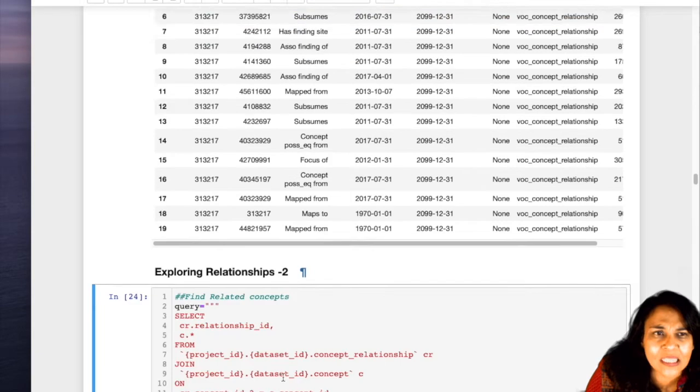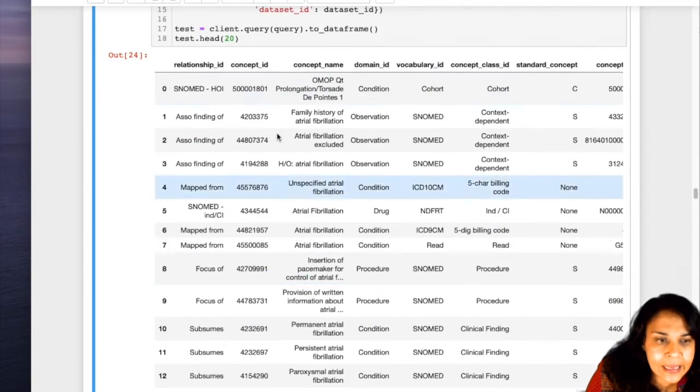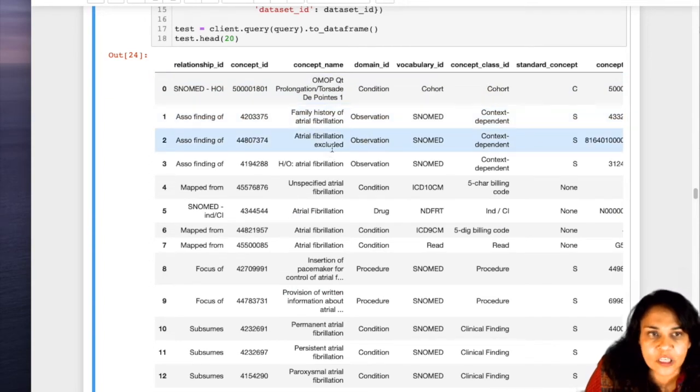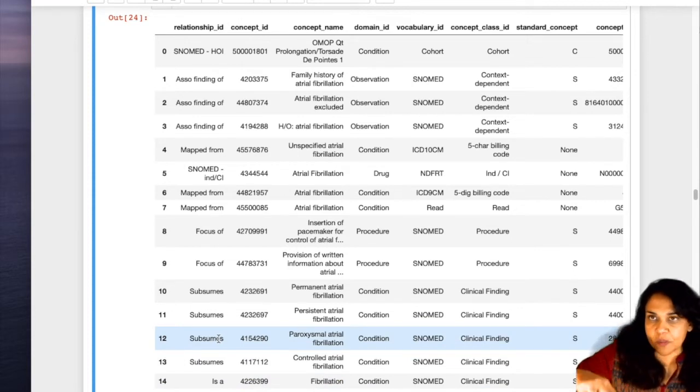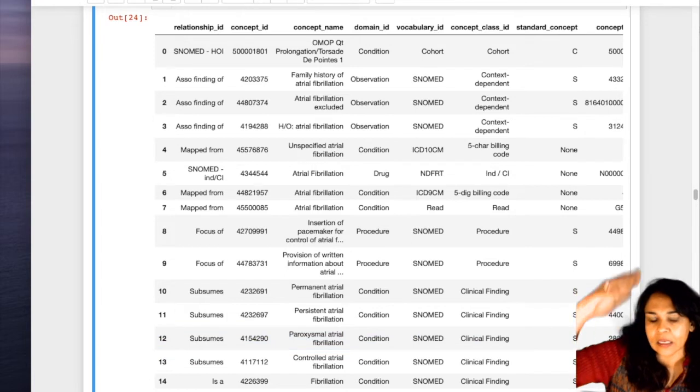I want to know what all these other concepts are. And here's the listing of all the other concepts. It's family history of atrial fibrillation excluded, unspecified atrial fibrillation, so just atrial fibrillation. So this is a different kind of relationship. This subsumes, and this is a. Is a and subsumes are the two really important relationships when you're trying to figure out the hierarchy.